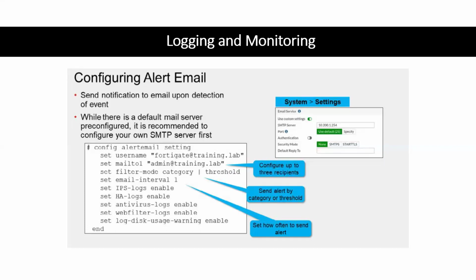It's real simple. You tell it which logs you want to send: IPS logs, antivirus, all the UTMs, maybe certain warnings. You can be as granular as possible on how you configure your alert email settings. So play with this command.